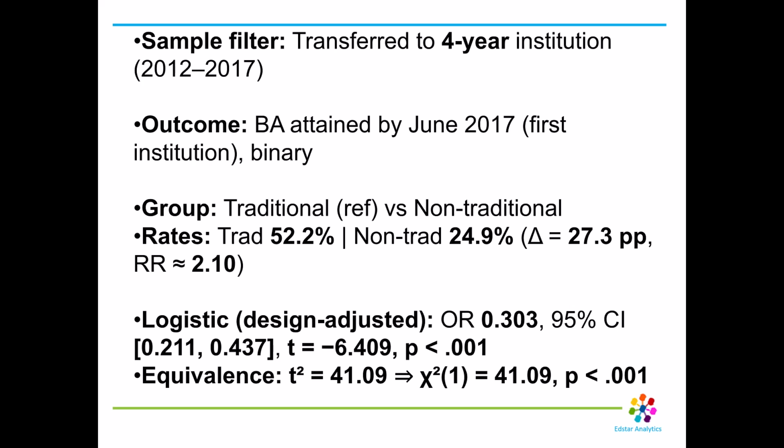So you could report that. I've got the confidence interval there. Or if you want to report the chi-square with 1 degree of freedom, it is 41.09, and the p is less than 0.001. So these results are statistically significant.